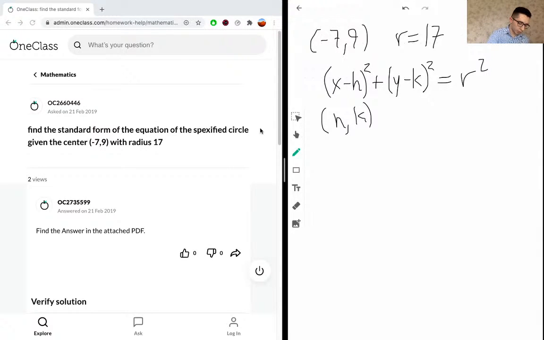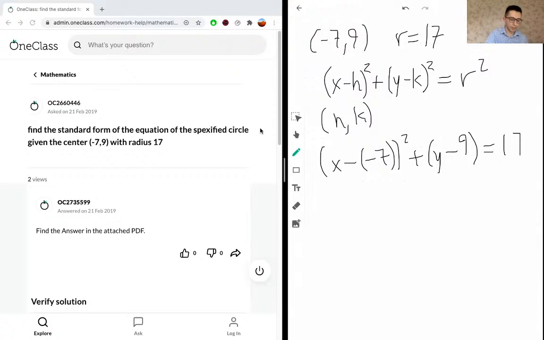Just looking at this equation, it's straightforward what we have to do here. Our equation would follow the format of x minus h, which is the x coordinate that's given for the circle, which is -7, so (x minus -7) squared, plus (y minus k), which in this scenario is 9, equals 17 squared.